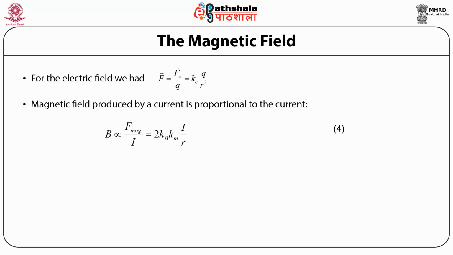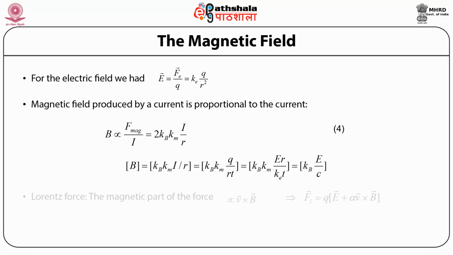So the equation also gives a relation between the units of E and B, and B is equal to Kb Km I divided by R, which is equal to Kb Km q by RT, which is further equal to Kb Km ER by KeT, which is equal to Kb into E by C.